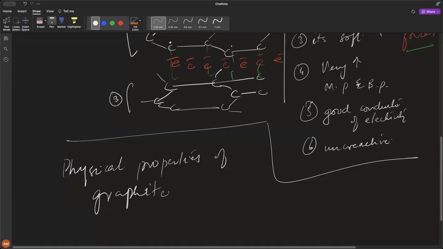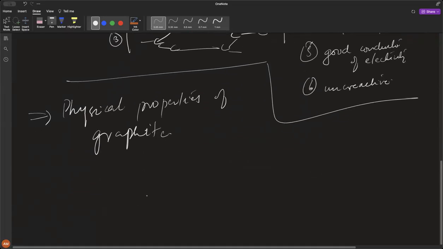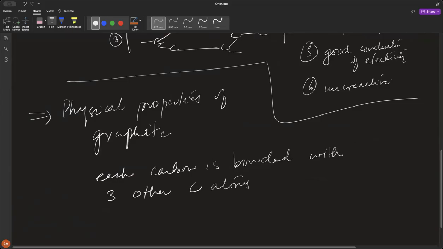When we look at graphite and its physical properties, we see that basically each carbon is bonded with three other carbon atoms. It is making a similar network as there was in diamond, but a little bit weaker. Why? In diamond, each carbon was bonding with four. Here, it is only bonding with three.